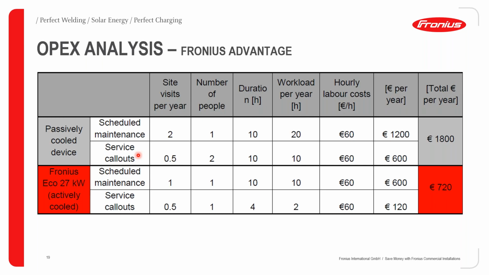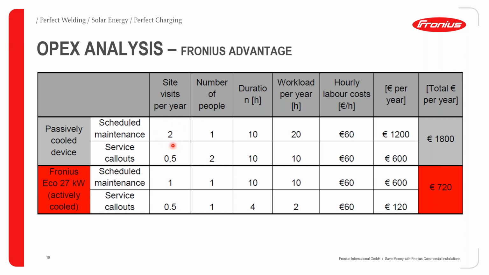That is something that you have not planned for the passively cooled inverter, as well as scheduled maintenance and service callouts for the Fronius Eco 27. And you can see the number of visits per year for the passively cooled device: you need to think about cleaning of the cooling fins to avoid accumulation of dust.